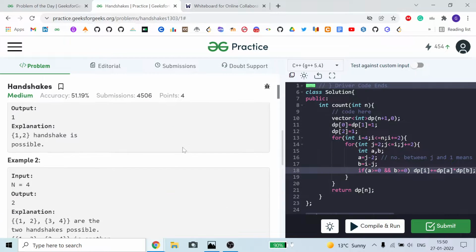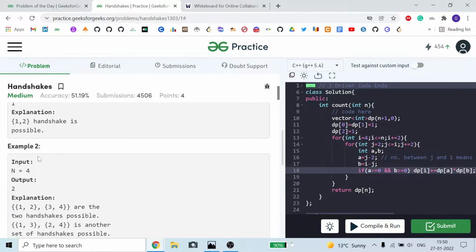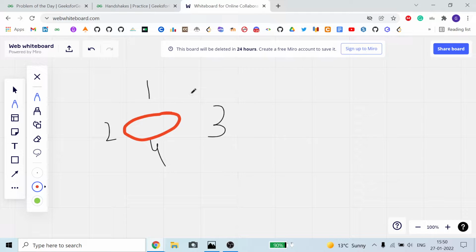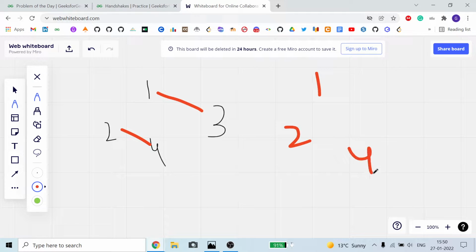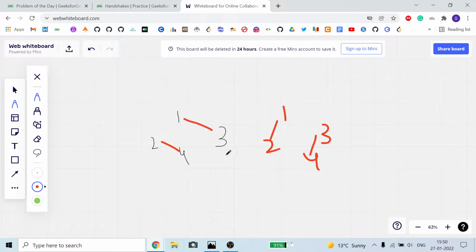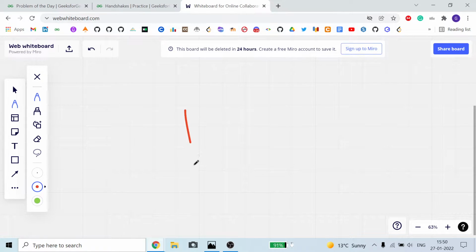For 2, the answer is simply 1, and for 4, what can be the answer? 1 can do it with 3, 2 can do it with 4, and the other way can be 1 with 2 and 3 with 4. If 1 cannot do it with 4, then 1 can do it with its next adjacent number.